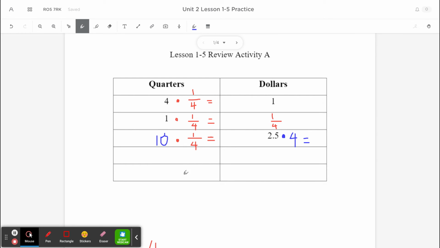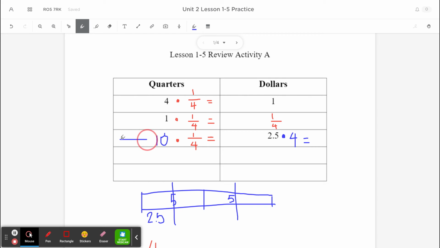We can also check our work. Let's think about it. If we have 10 in total, and I split my 10 into half, I end up with 2 groups of 5. And if I split my 5s in half into fourths, 1/4, 2/4, 3/4, 4/4, each of those fourths is 2.5, which just confirms the fact that 2.5 is 1/4 of 10.